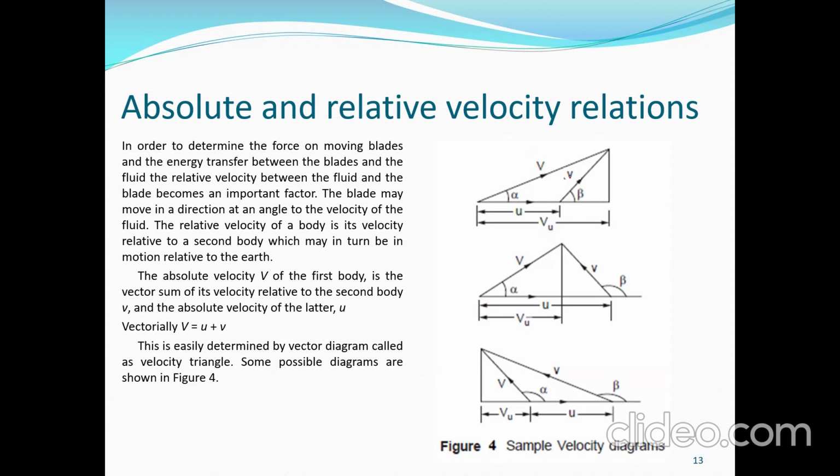Ito yung relative. Okay. This is a VU. So this is for beta less than 90 degrees. Ito naman yung beta mo is more than 90 degrees. Yung alpha, ganun din. So dito sa unang dalawa is less than 90 degrees. Ito naman yung alpha at beta more than 90 degrees.